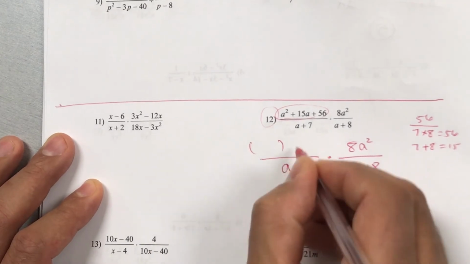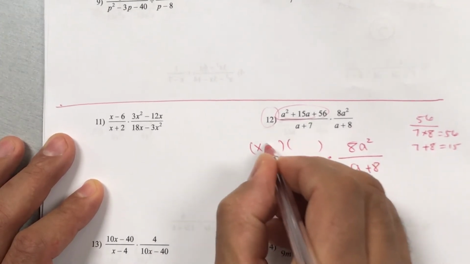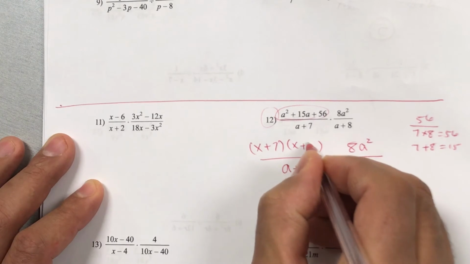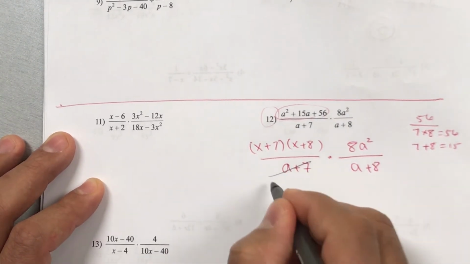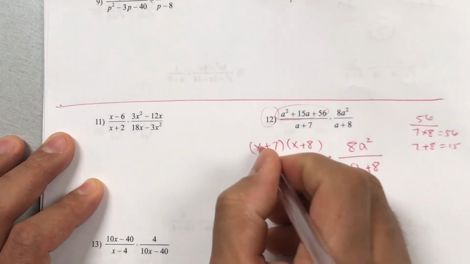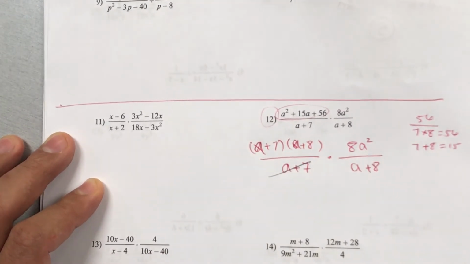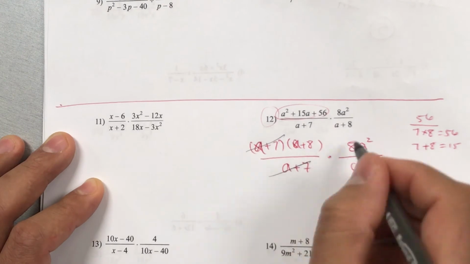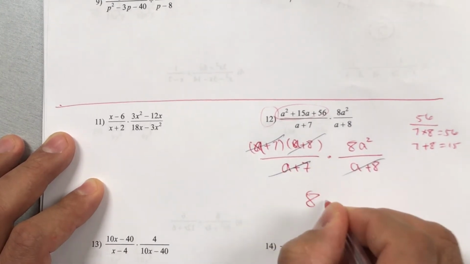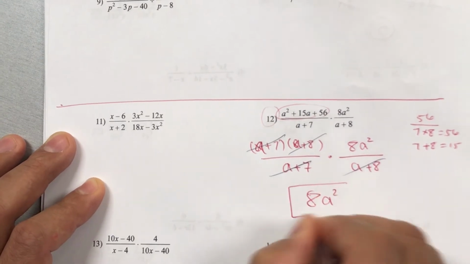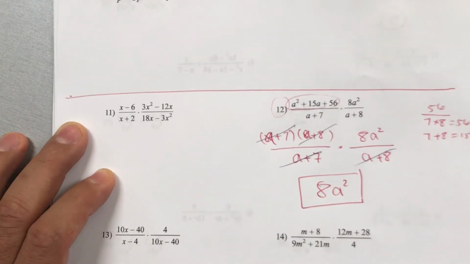So the 2 factors are a plus 7 and a plus 8. Now let's cancel a plus 7 with a plus 7, and a plus 8 with a plus 8. You get a to the power of 2, and that will be your final answer.